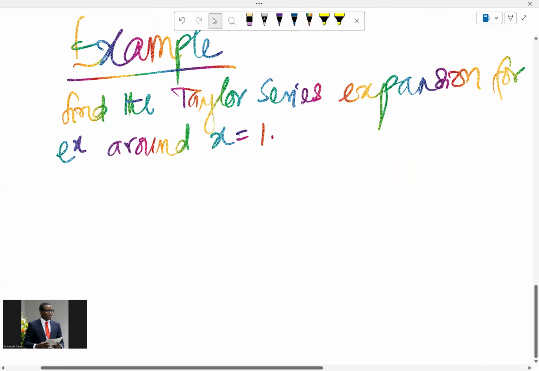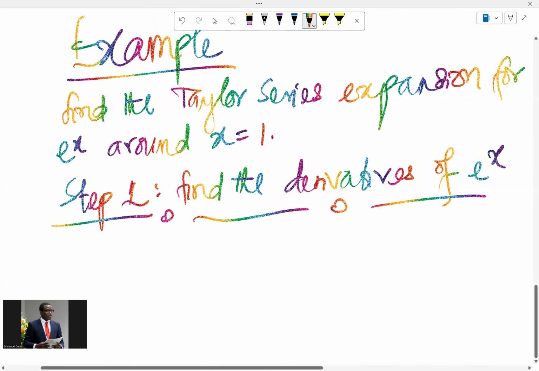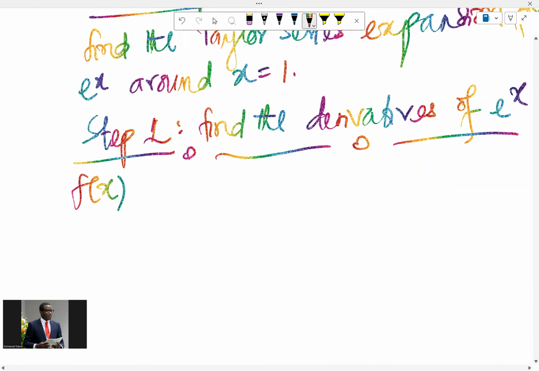So what's the first thing we do? Step 1: find the derivatives of e raised to power x. Of course, f of x is e raised to power x.